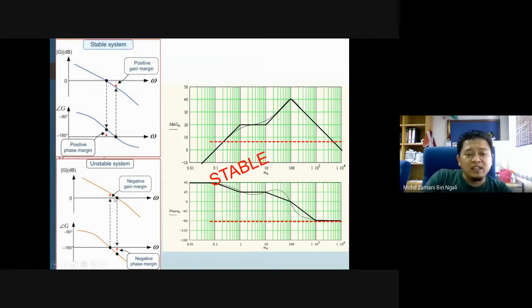And then we look at the intersection with negative 180. We go up and we look for this gain margin. If this is the point, it is a positive gain margin. So this is stable system. For this case, the system is always stable because the phase line is not reaching negative 180 at all.